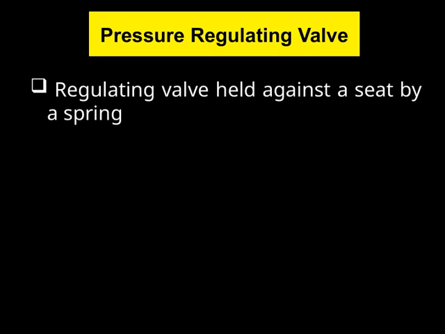Once the pressure drops back down, the spring pushes the valve closed again, maintaining a consistent pressure level. This mechanism is crucial for controlling system pressure and ensuring safety and efficiency. Connecting this to our overall theme, it highlights how simple yet effective mechanical components like springs and seats can play a vital role in maintaining stable system operation.